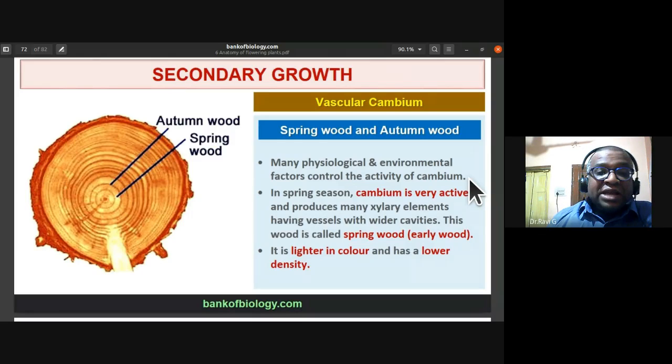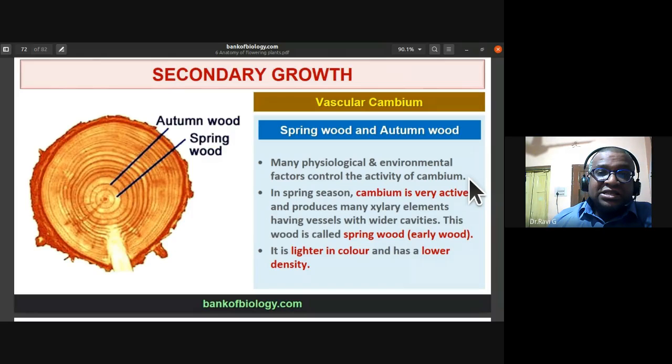In spring season, the vascular cambium is very active and it produces many xylary elements having vessels with wider cavities. This wood is called spring wood or early wood. Why is it that in spring season they are very active? Because that is the season when they produce leaves. New leaves are formed in many of the plants, fruits and flowers are formed.